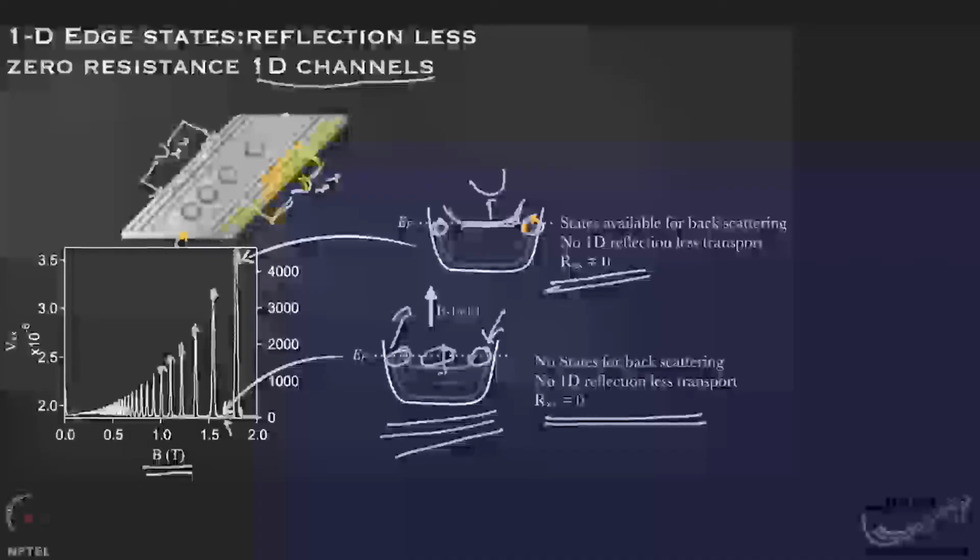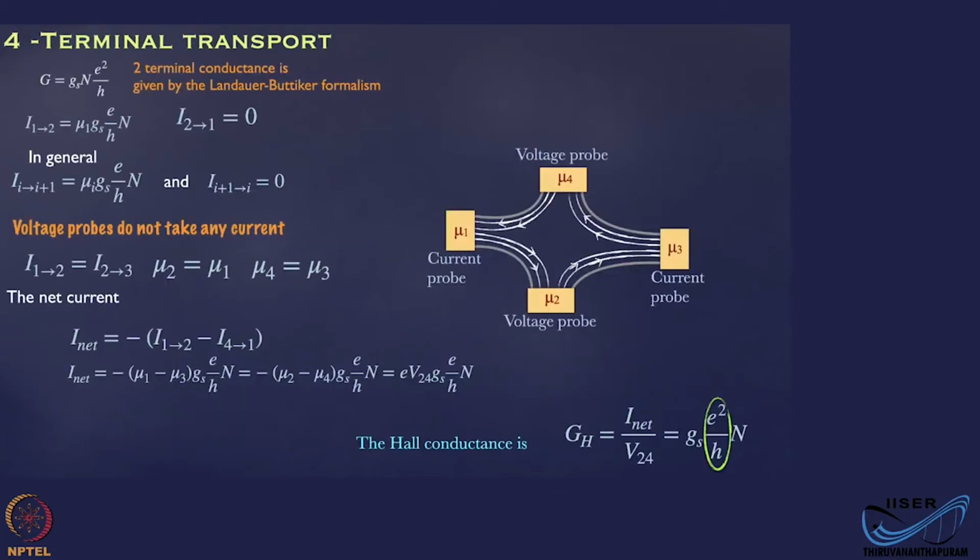Now, let us look at what happens when you put multiple probes on the device. We are going to use the Landauer-Büttiker formalism. At this point, you will have to assume that this is true.